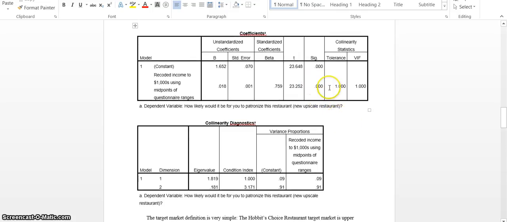Again, this is significant. So it tells us that we don't need the other insignificant variables. This is the predictor of people having the likelihood to go to the restaurant. So probably Hobbit's restaurant, the choice restaurant, should target people who have higher income level.